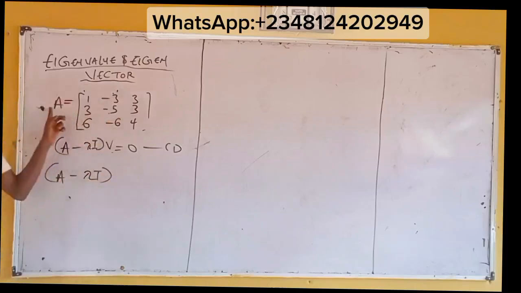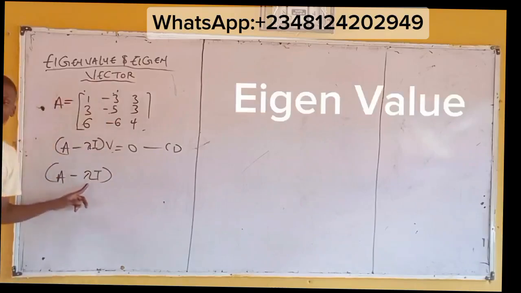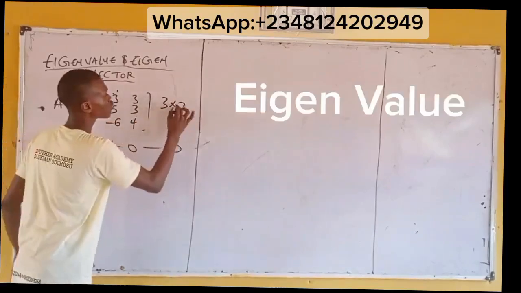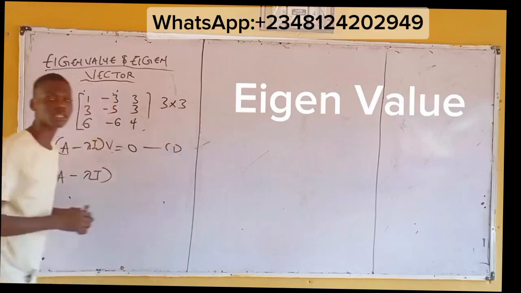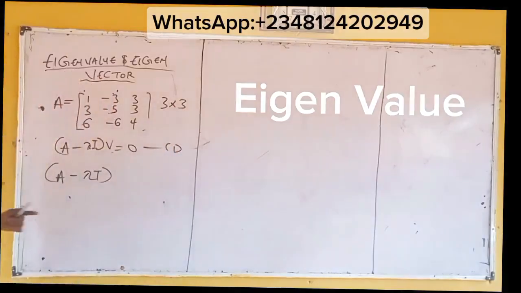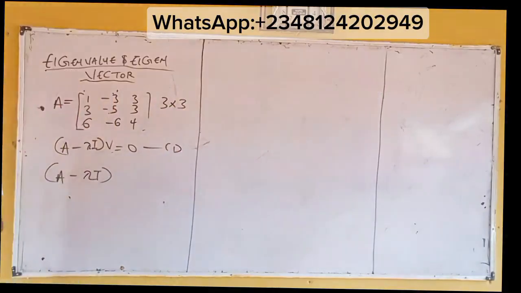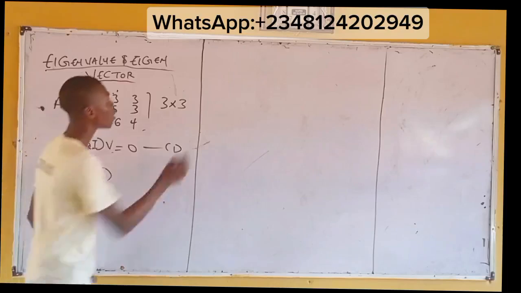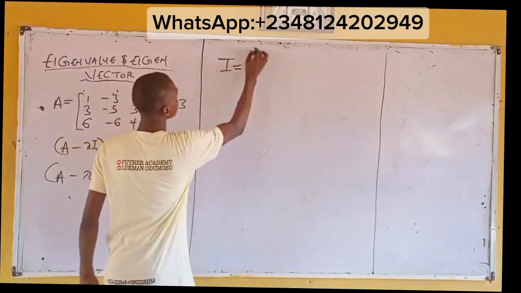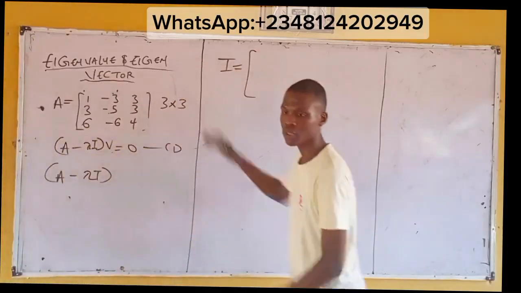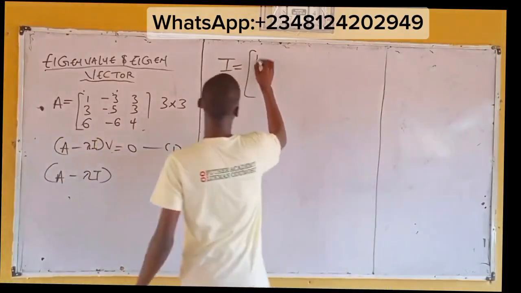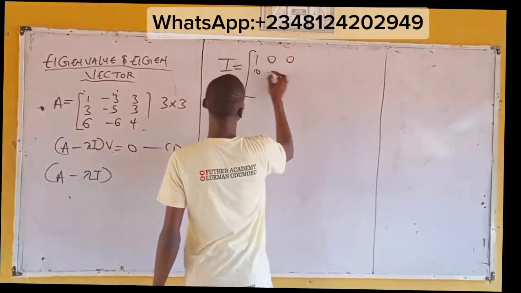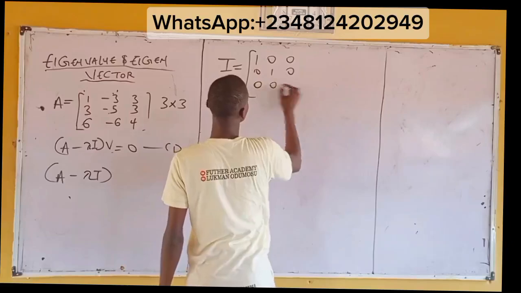This is A, the given matrix. This is lambda, times the identity matrix. Meaning, this is a 3x3 matrix, so the identity matrix in this case becomes a 3x3 matrix. Now recall, what is the identity of a 3x3 matrix? Diagonally, we have what? 1. Meaning 1, 0, 0, 0, 1, 0, 0, 0, 1.